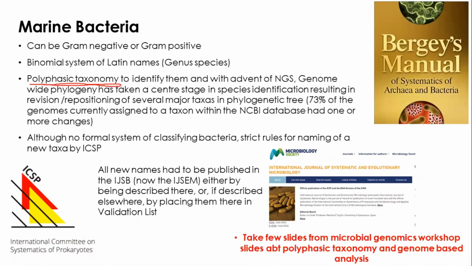Even up to close to 10 years back, we could do that, and then we could name a bacterial species. Many of us who are from the life science background may have heard about Bergey's manual. Bergey's manual is a kind of systematics for archaea and bacteria, telling us what physiological features of the bacteria tell us, and according to that we can identify whether it is a Vibrio, a Salmonella, or a Selenovibrio, and so on.